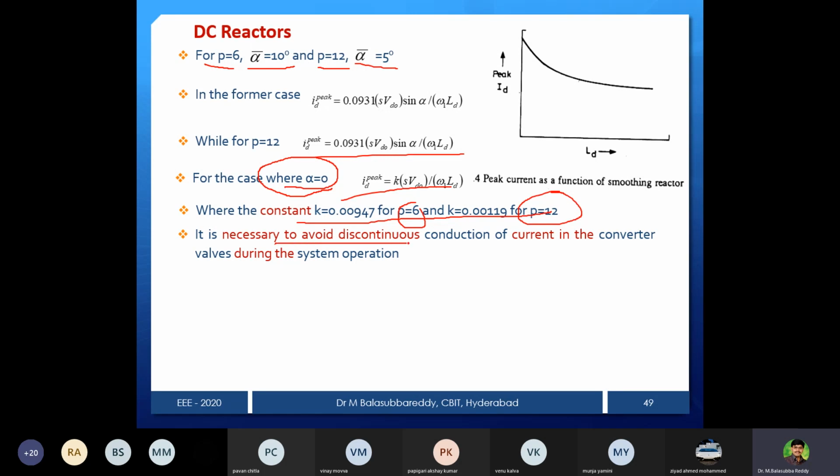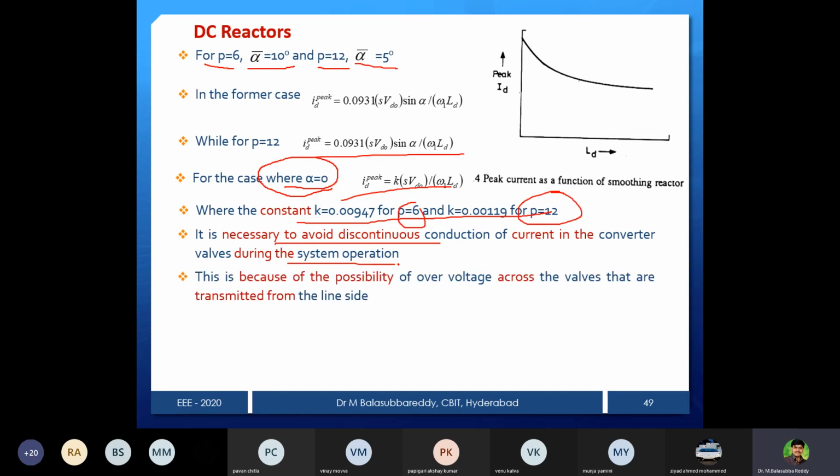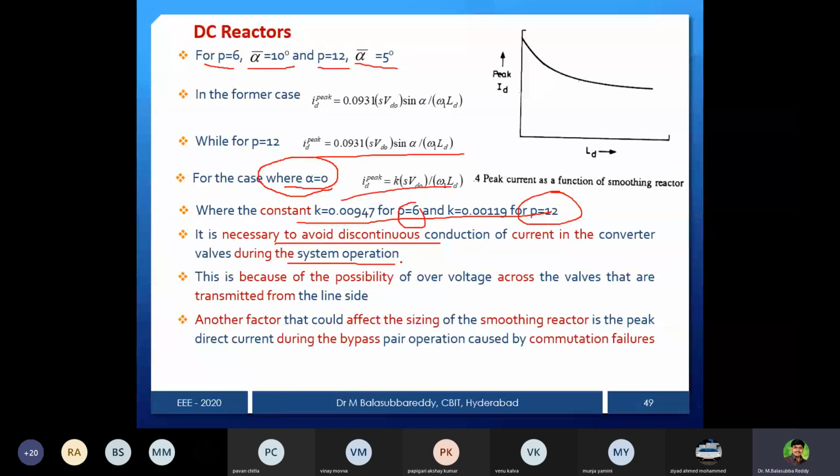We need to avoid discontinuous conduction current in the converter valve during system operation, because of the possibility of overvoltage across the valves that are transmitted from the line side. Another factor that could affect the sizing of the smoothing reactor is the peak direct current during bypass phase operation caused by commutation failure. So these are the considerations we need to use while selecting the reactor value.